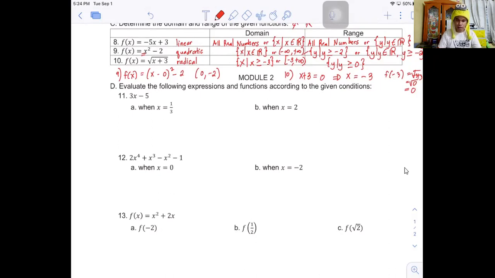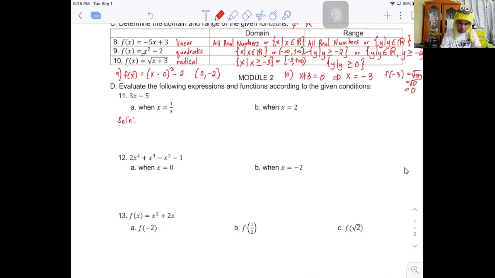So for number 11, letter D, we are going to evaluate. So kaning 11 and 12, algebraic expression ang given. Pag abot sa number 13 and 14, functions. So mamaora na sila. Okay? So now let us solve for our solution.